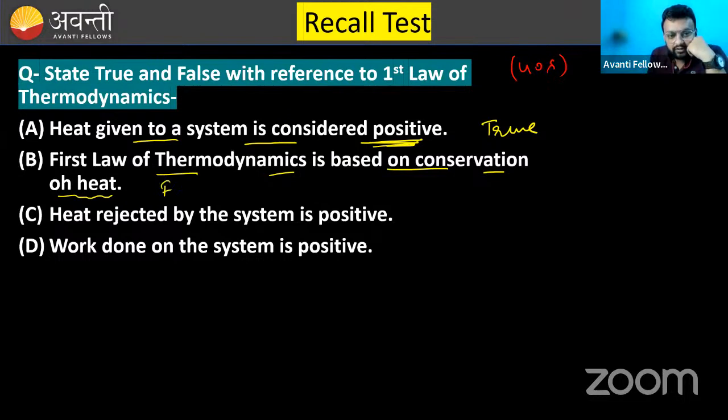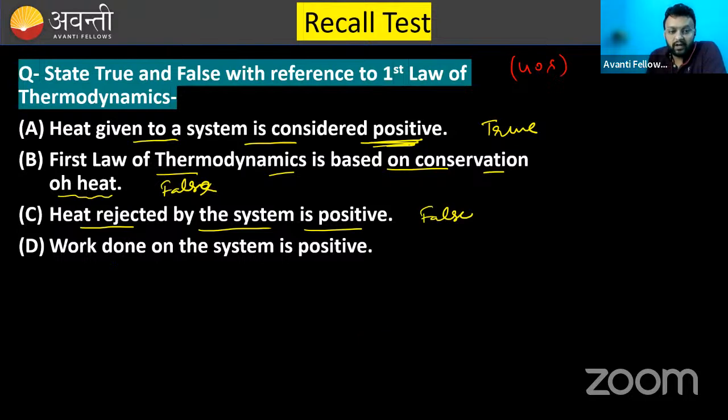So statement B is false. The actual statement is conservation of energy. Next statement: heat rejected by the system is positive. No, heat given to the system is positive and heat rejected by the system is negative. So this statement is false.